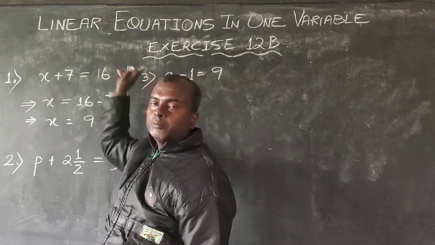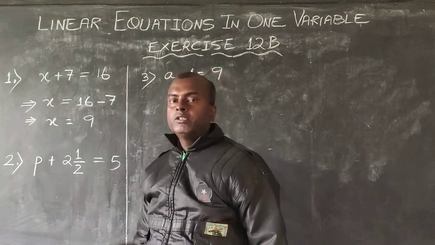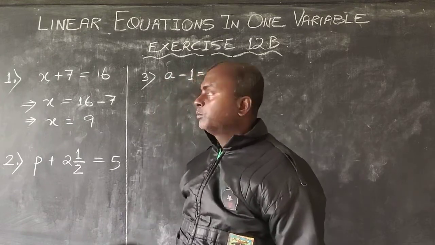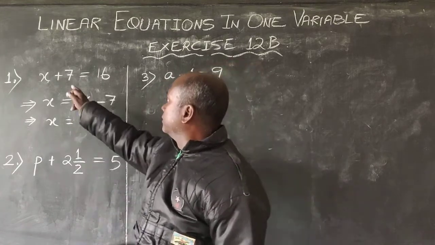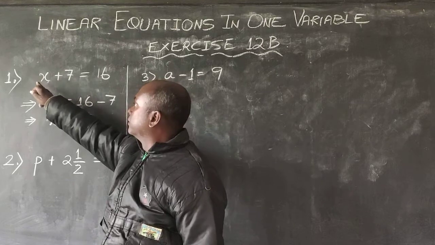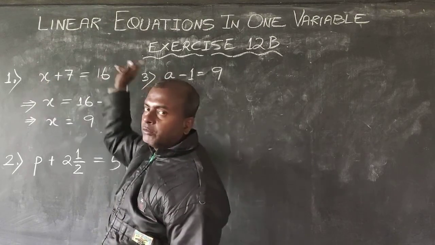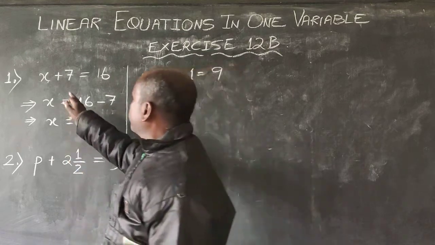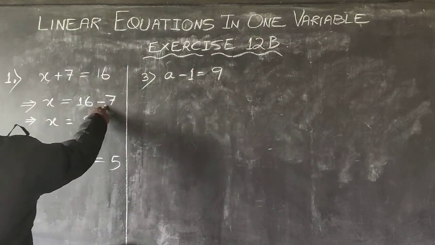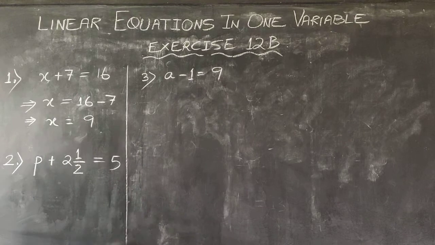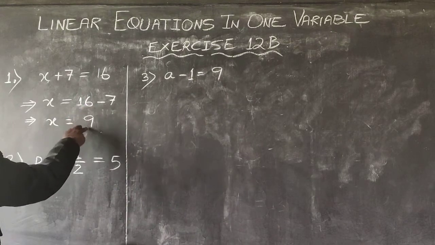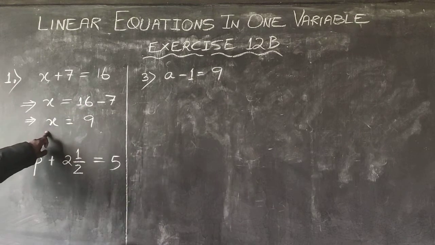This plus 7 has to be transferred to the other side. In the transfer or shifting method, we change the position of the constant, not the variable, from the variable side to the other side of the equals sign. So plus 7 will come this side and become minus 7. And then it's very simple. 16 minus 7 is 9. So the x value is 9.